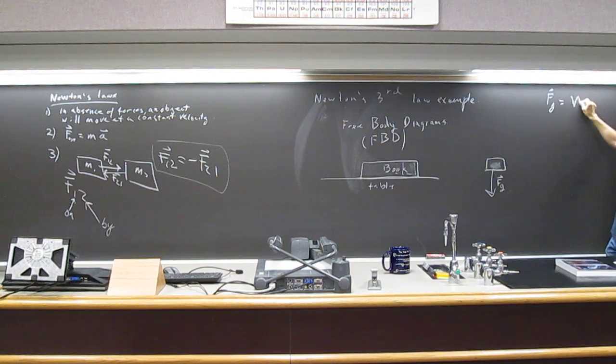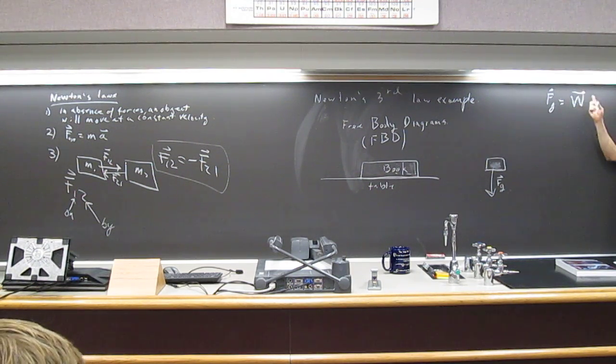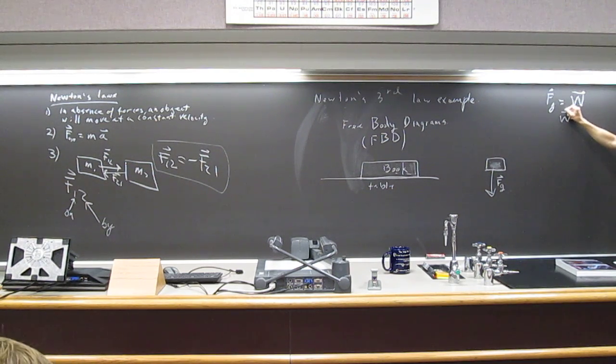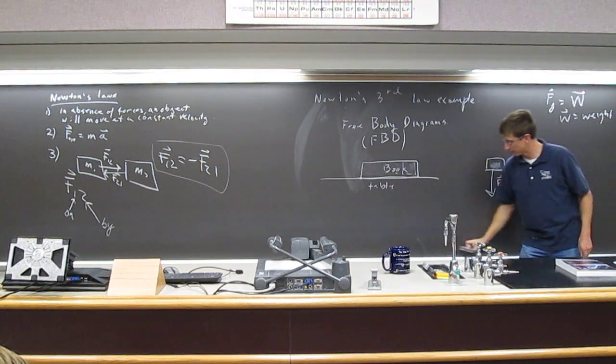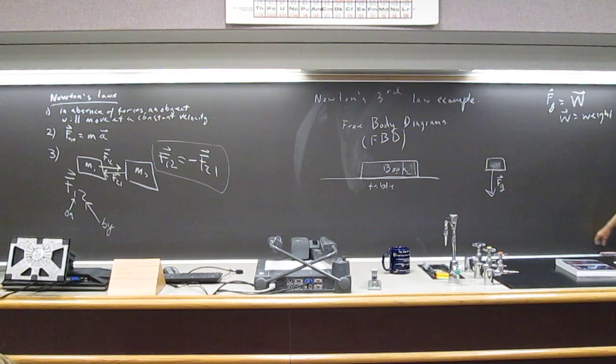They call that the weight, and so they often label it with a W. That's also okay. But it's a vector, so we have to make sure we have the vector sign over it. I'm going to label that as F_g.